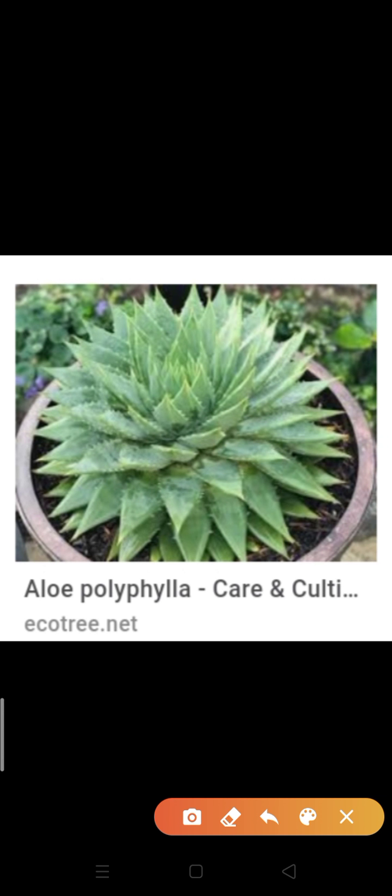Beta, if you see its nodes very closely, the nodes are arranged so close on the stem that it looks like a whorl. But in case of aloe vera, that phyllotaxy is of alternate type. Very easily you can see them in mustard, China rose, and sunflower.